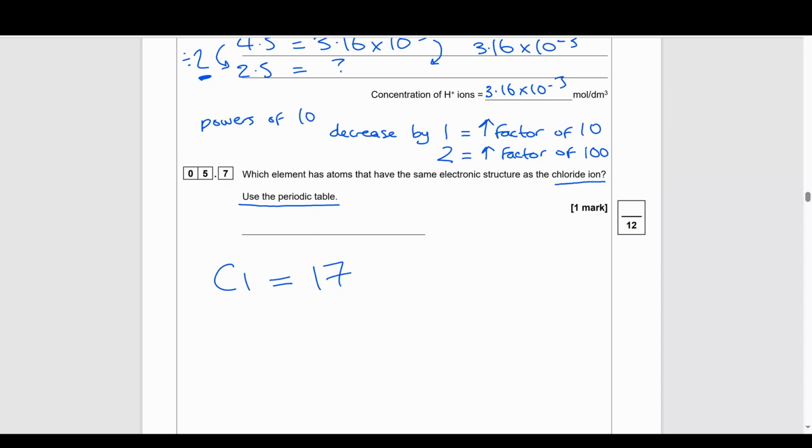But if it's a chloride ion, it has an extra electron. So that means that there are 18 electrons for chlorine. Which atom from the periodic table then would also have 18 electrons? So looking at the periodic table along, the next atom that's close to chlorine with the atomic number of 18 is argon.